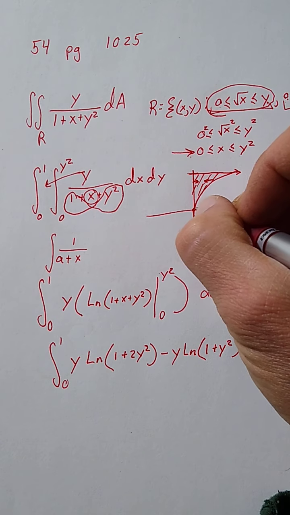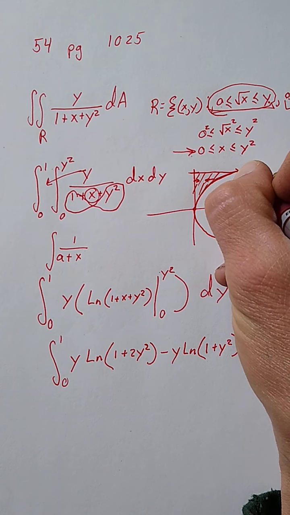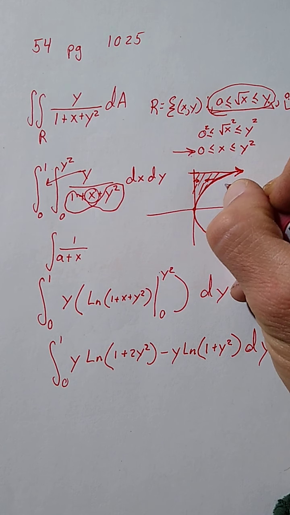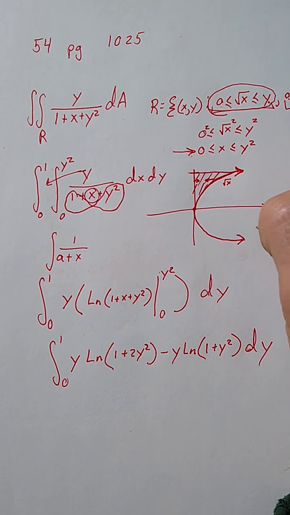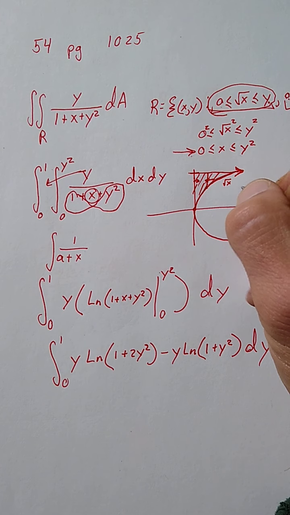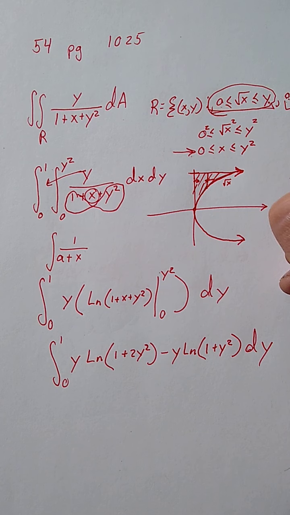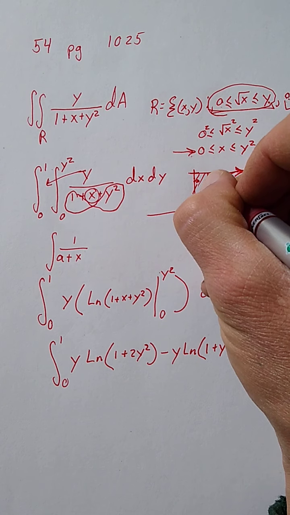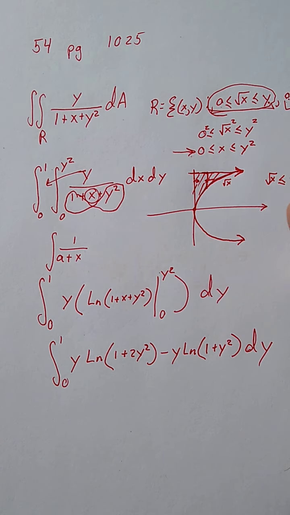Oh, well, just converting this function, if this is y squared, then that's the function square root of x, and my y values need to range from the square root of x up to 1.